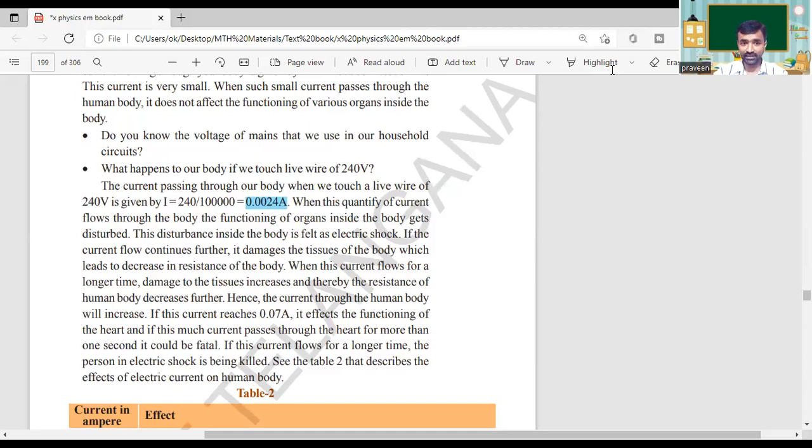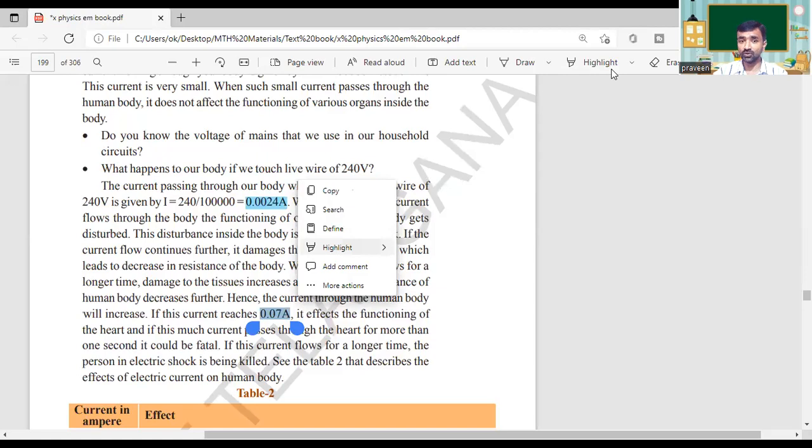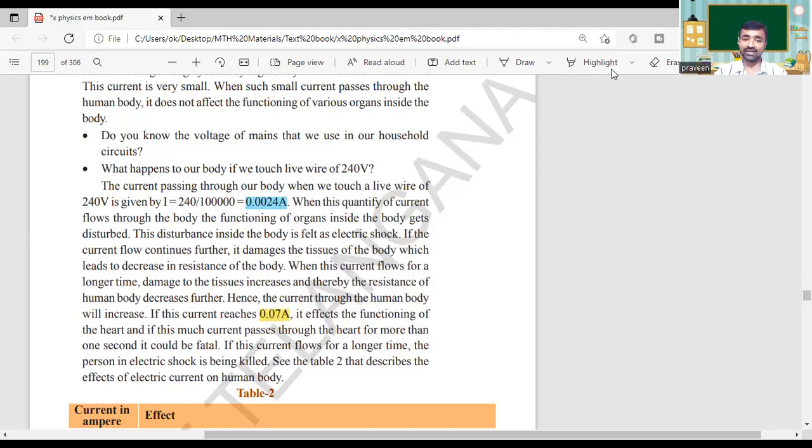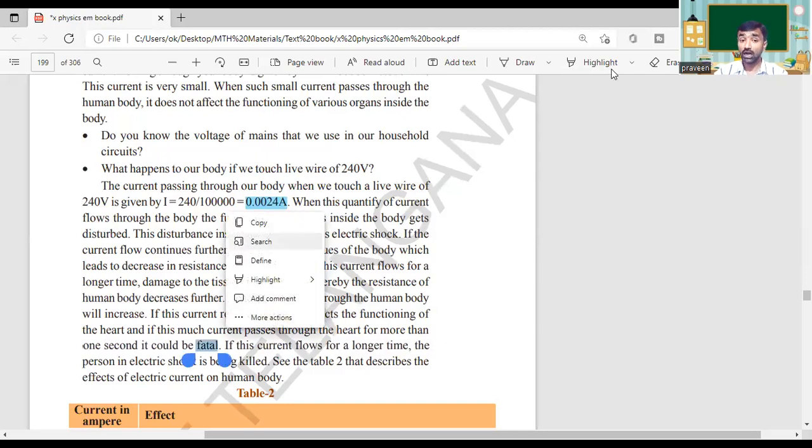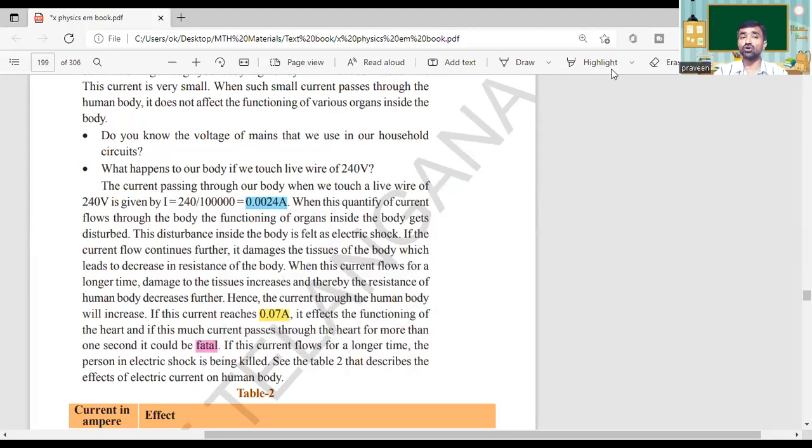Suppose the amount of current through your body increases and reaches 0.07 amperes. Directly it can affect your heart function. That can be called a fatal dose. What does fatal mean here? It simply means that which causes death. That amount of current is called a fatal dose.